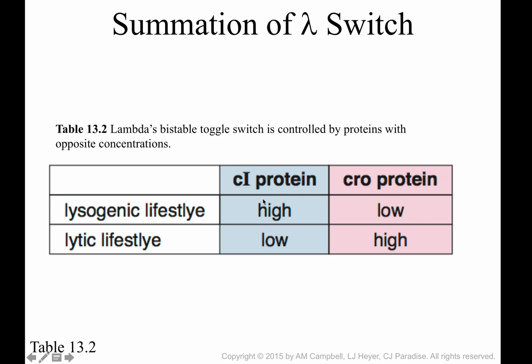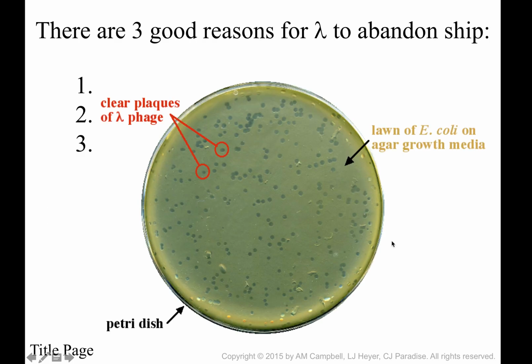High amount of production of the promoter going to the left, low amount of the production of the promoter going to the right. In the lytic lifestyle, the opposite is true. There's a low amount of CI protein because you've destroyed it because you activated the protease, okay? Or there's just a lot of protease around because there's a lot of bacteria around. And then there's a high amount of CRO protein.